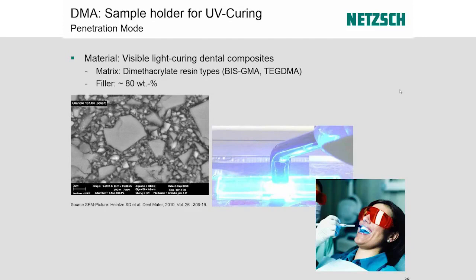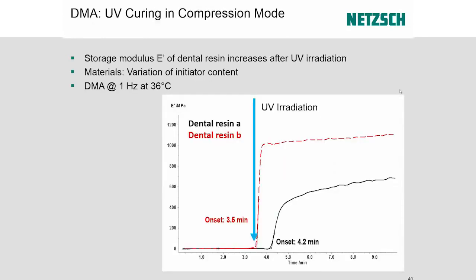So the example that we have today is a dental composite. This is a UV cured dental composite. And what we were comparing for this person was resin A versus resin B. They were just two different initiator contents. So you can see we have consistent mechanical properties that we're showing stiffness here, E prime.